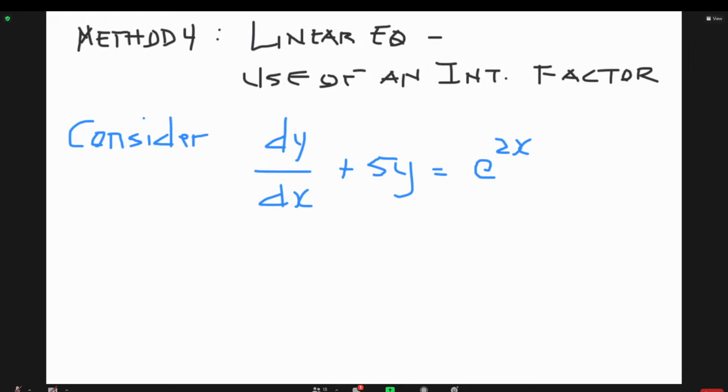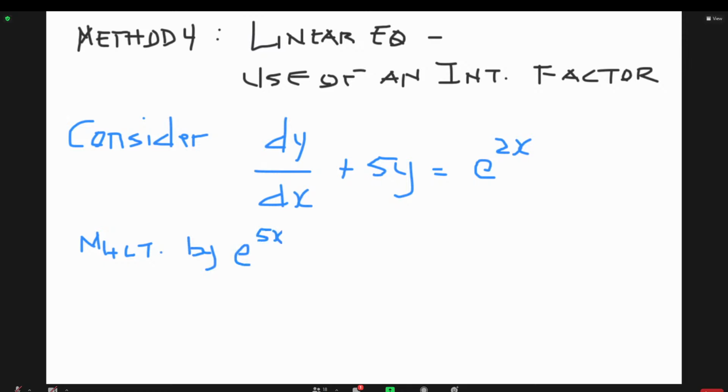All right, let's multiply throughout by e to the 5x.